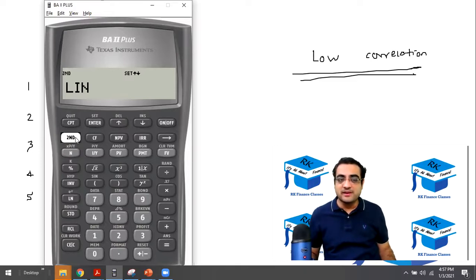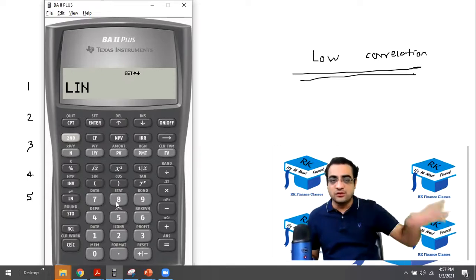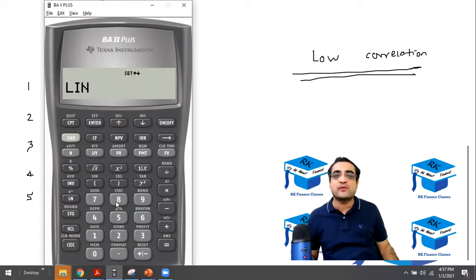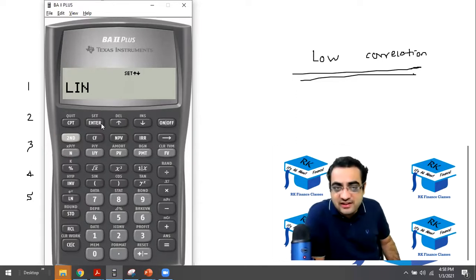If you got the linear, you can lower your hands.